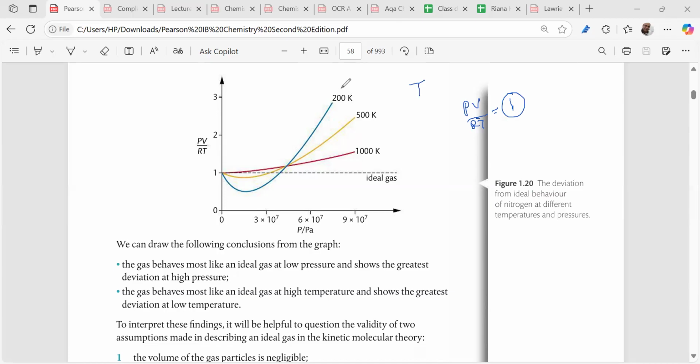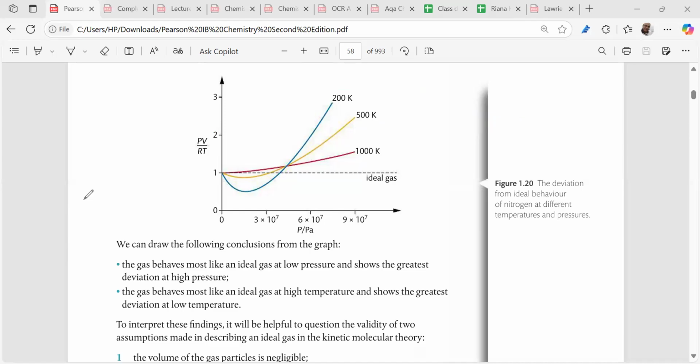At 200 Kelvin, the graph will be something like this. We know that for an ideal gas, it will be a straight line like this.